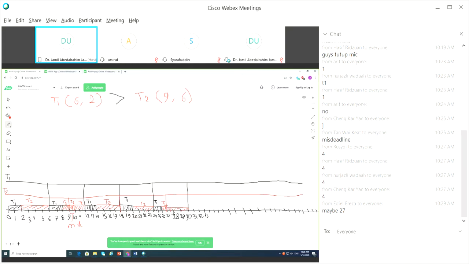This is our second miss deadline, because in this interval from 18 to 27, we should execute 6. 1, 2, 3, 4, 5. We execute only 5 because task 1 preempts task 2. So the 6th one should be in this interval. So this is the rate monotonic.